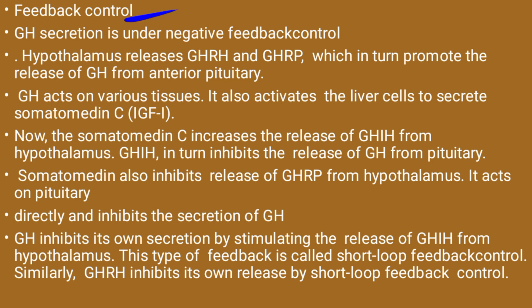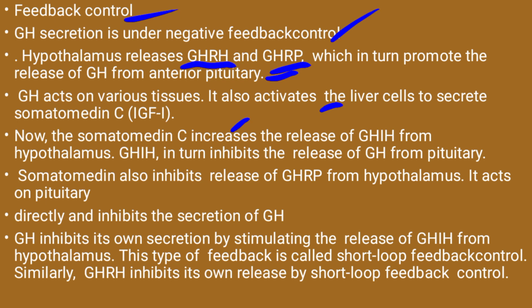Now, feedback control. Growth hormone is under negative feedback control. What does it mean? It means that the hypothalamus releases growth hormone releasing hormone and growth hormone releasing polypeptide. These two hormones promote the release of growth hormone from the anterior pituitary. Growth hormone acts on the various tissues. It also activates the liver cells to secrete somatomedin.